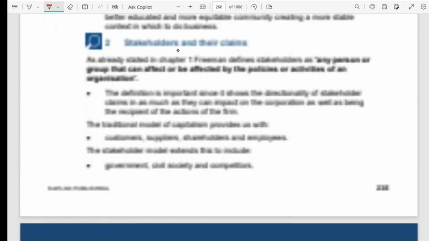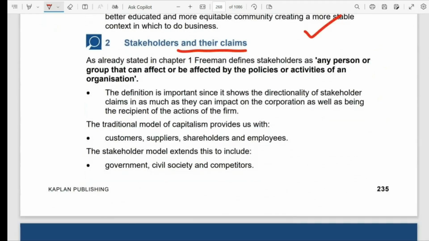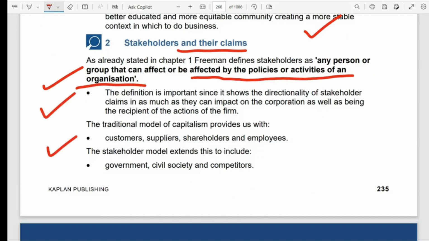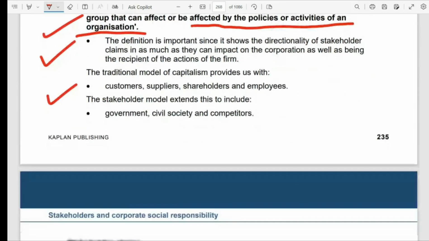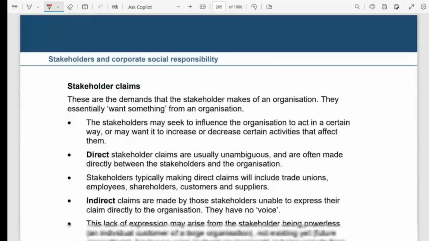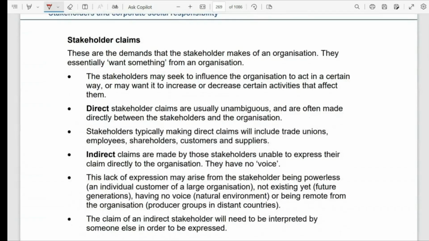Stakeholders and their claims. As already stated in the chapter, a stakeholder is any person or group that can affect or be affected by the policies or activities of an organization. Stakeholders claim they seek influence over the organization.